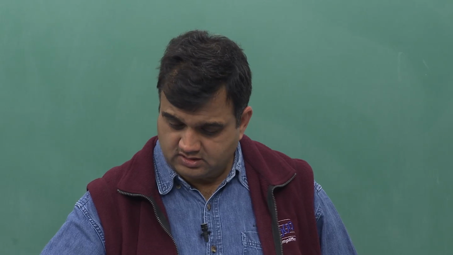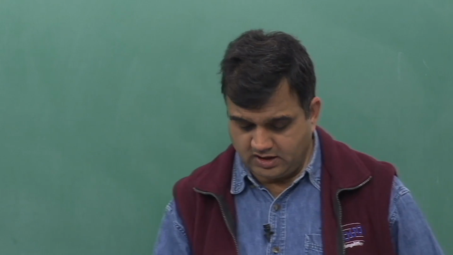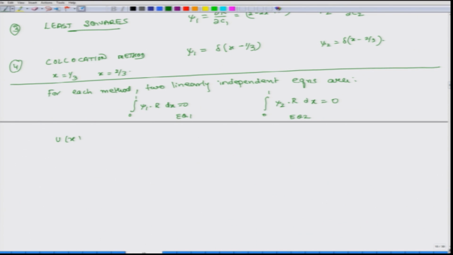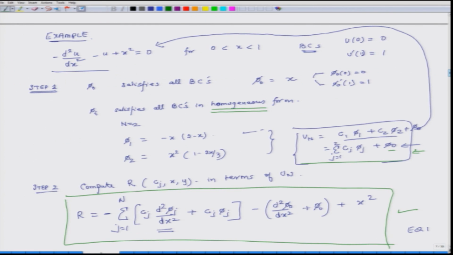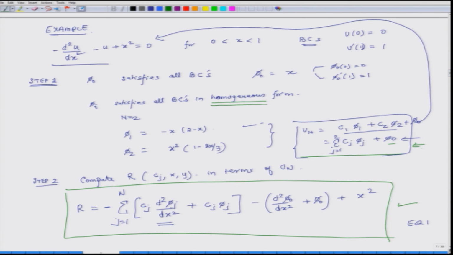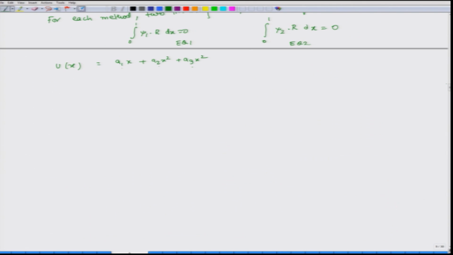Once the C's are known, then my solution u(x) is equal to, I get a solution of something like this. And the values of A1, A2 and A3 can be determined: once I have calculated the C's, I plug those C's in this relation and I can calculate the values of A1, A2 and A3x cube.